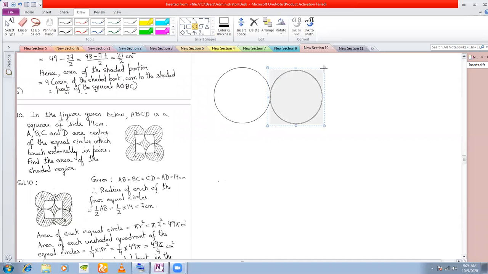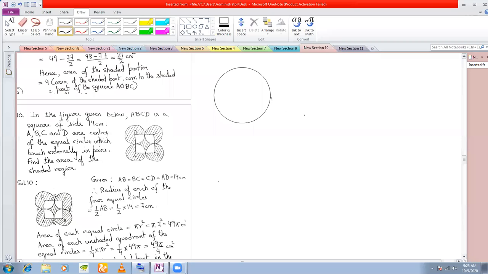We will get the area of the shaded region. First, you'll find out area of what? Sir, the circles. So first we will find the area of the 4 circles, and then we will find the area of the square, and then we will minus it.